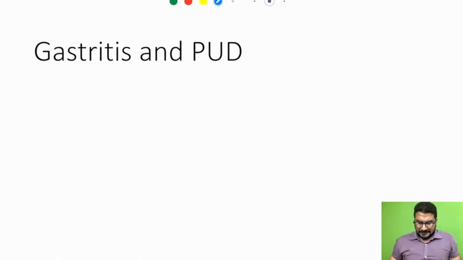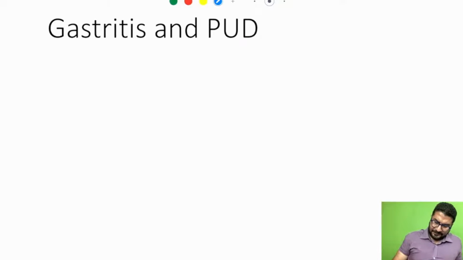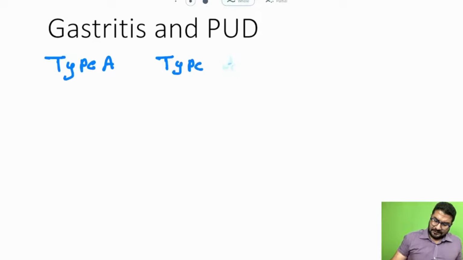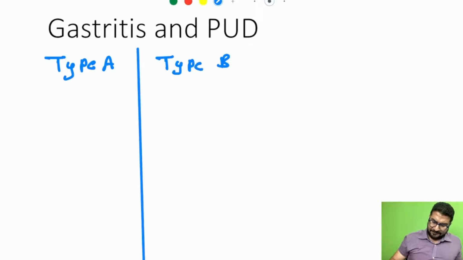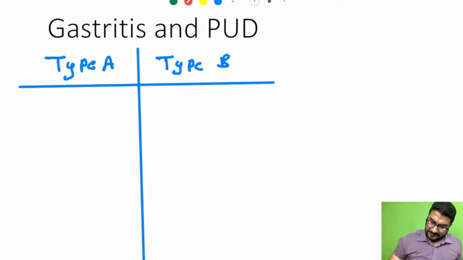Okay, now moving to gastritis and peptic ulcer disease. So we have different types of gastritis, like type A gastritis and type B gastritis. So understand this thing, type A gastritis will affect the body.